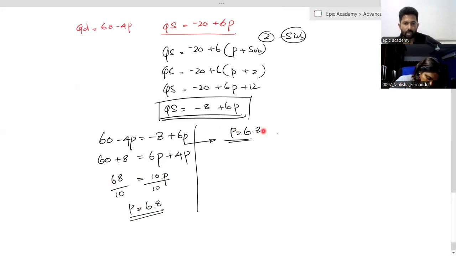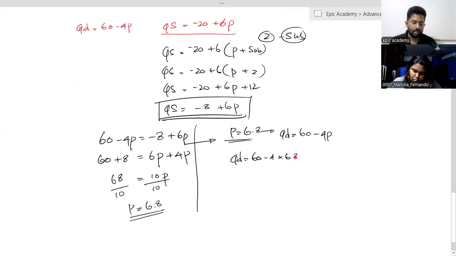I'm going to substitute that value into the QD equation. QD equals 60 minus 4 multiplied by 6.8. 4 multiplied by 6.8 is 27.2.